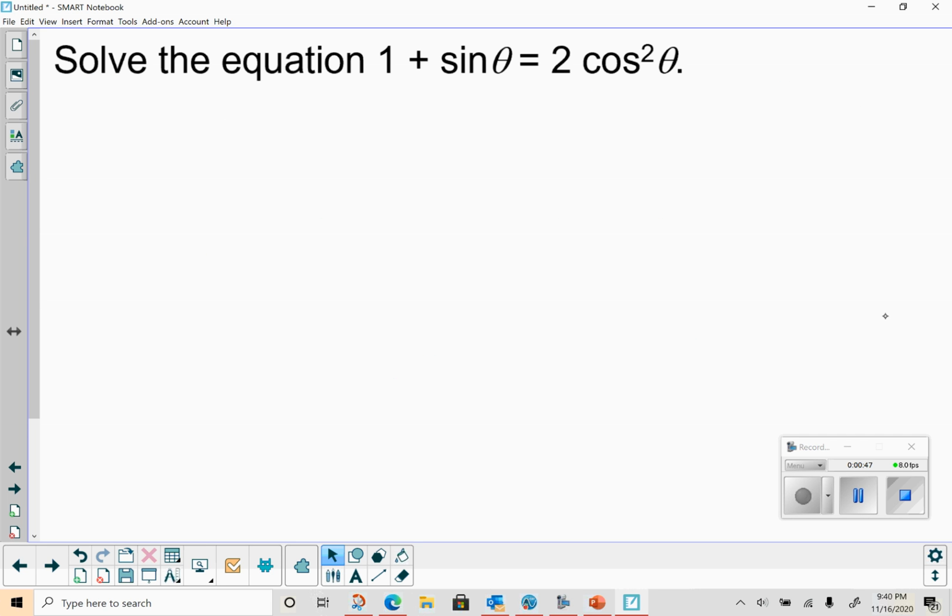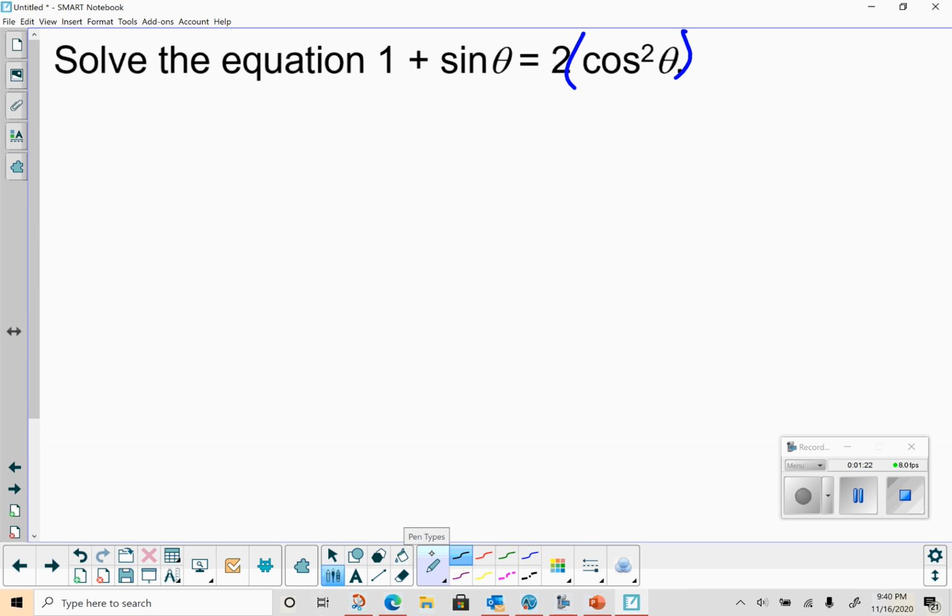Solve the equation 1 plus sine of theta is equal to 2 cosine squared theta. Well, that whole factoring thing that we looked at in section 4 doesn't exactly work here because we have two different functions. But that's all right. We know that we could take cosine squared and do a substitution, one of our Pythagorean identities, and turn that into the sine function.